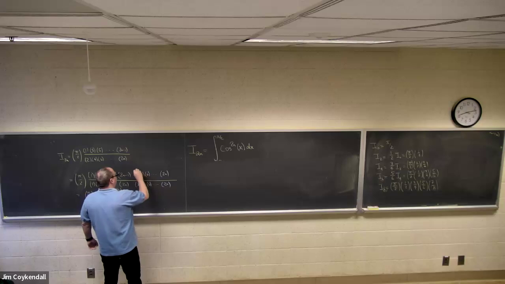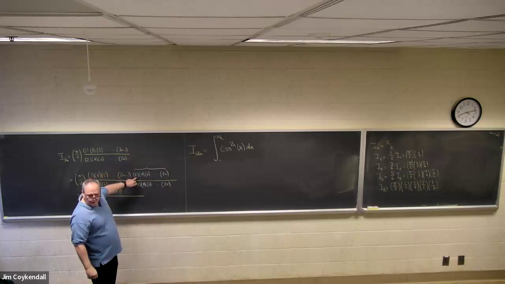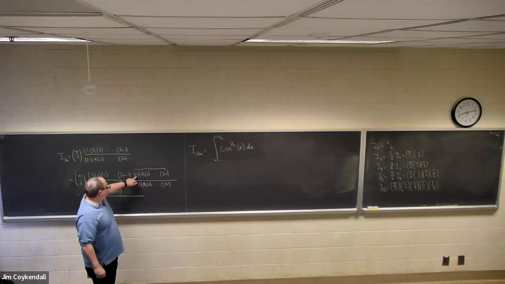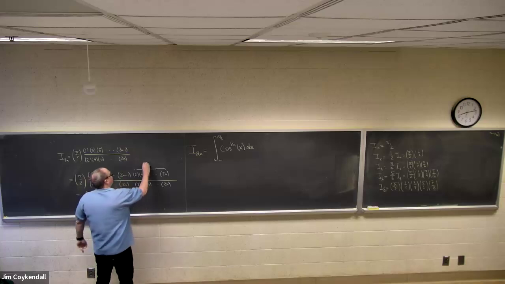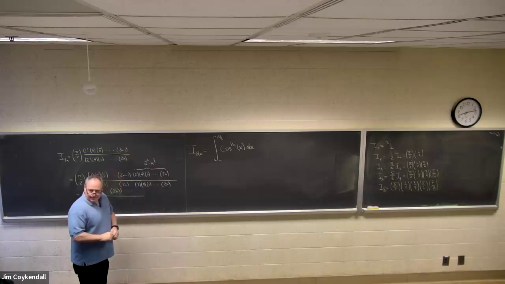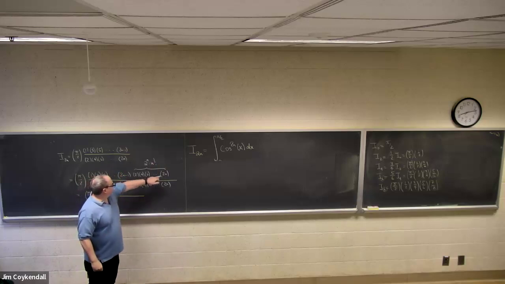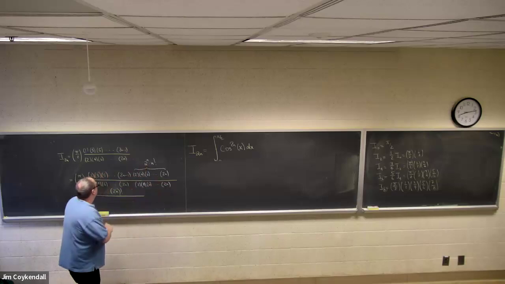Notice that this is not a factorial, but if I pull a 2 out of everything, it is, right? If I pull a 2 out of this, it's 1. If I pull a 2 out of this, it's a 2. If I pull a 2 out of this, it's a 3, and so forth. This is actually 2 to the n times n factorial. Right? Because if I pull n factors of 2 out, then I've got a 2 to the n, and then I've got 1 times 2 times 3 all the way up to the n.